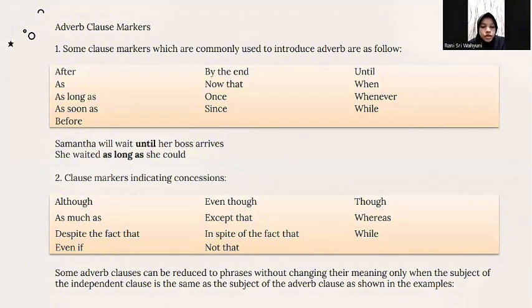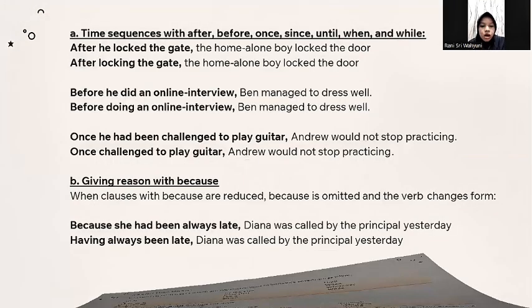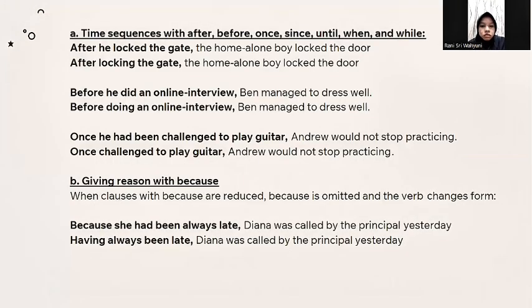Some adverb clauses can be reduced to phrases without changing their meaning only when the subject of the independent clause is the same as the subject of the adverb clause, as shown in the examples. A. Time sequence with after, before, once, since, until, when, and while.